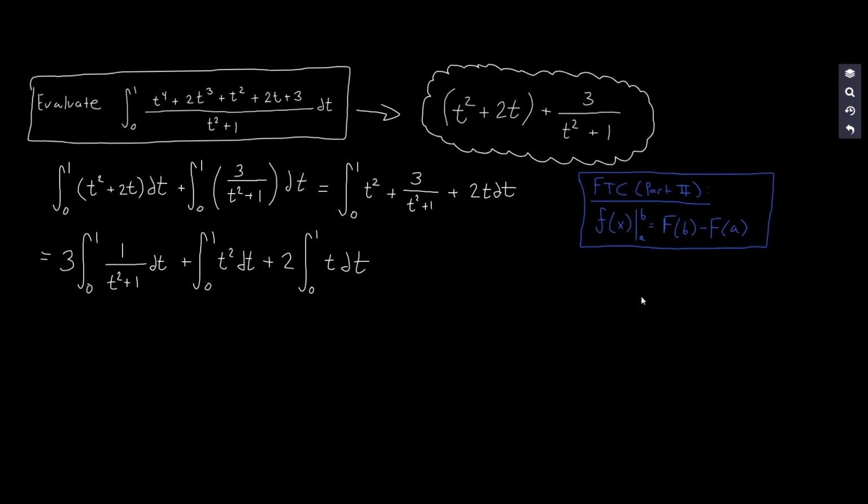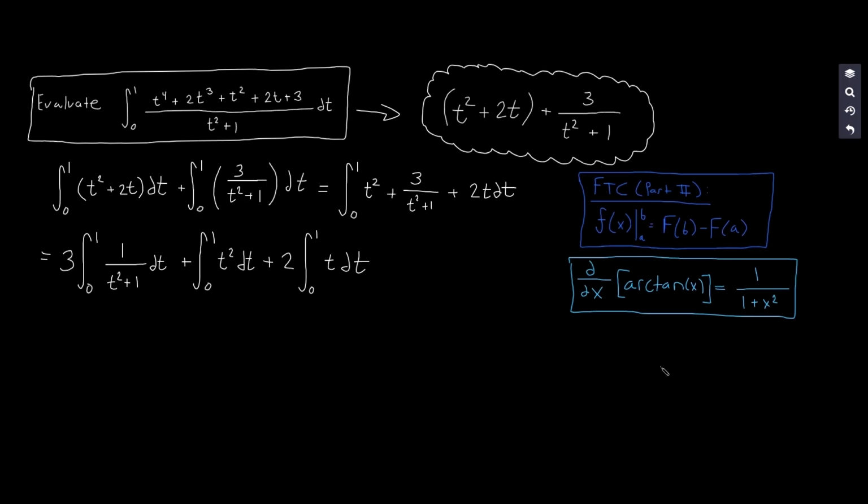This is the fundamental theorem of calculus part 2. There's a formula that belongs to 1 over t squared plus 1. Let's look at this from the lens of the derivative. If the derivative of inverse tangent is 1 over 1 plus x squared, that would mean that the integral of 1 over 1 plus x squared, or in this case, 1 over x squared plus 1, is going to equal arctangent.